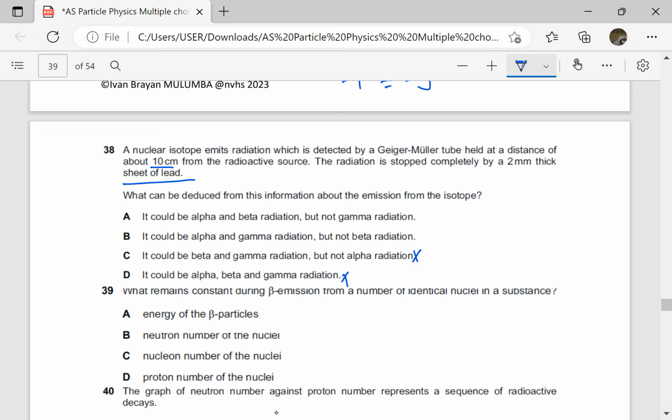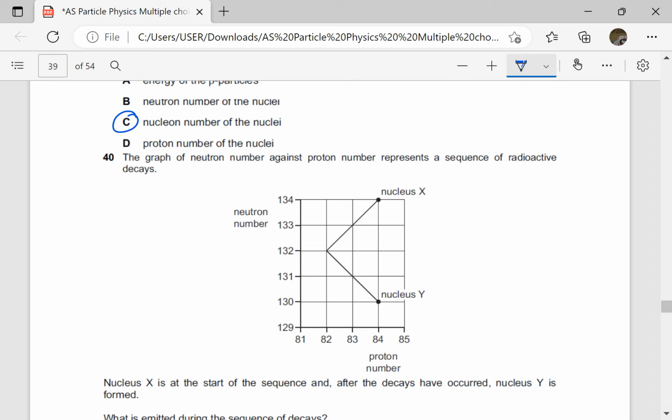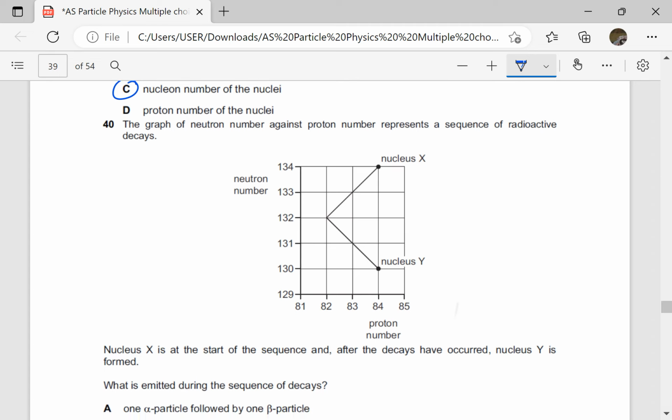The graph of neutron number against proton number represents a sequence of radioactive decays. So nucleus X is the start, and it is losing 2 protons, from 84 to 82.